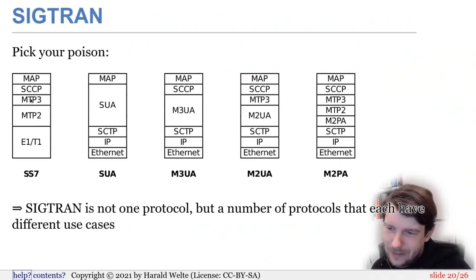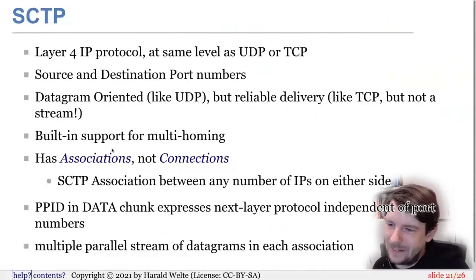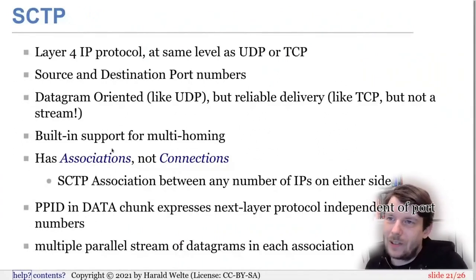It doesn't have SCCP. Where there is no SCCP, there is no SCCP user, so you cannot use SUA to translate those protocols. So they all have their explanation. It's not just that they couldn't agree on a spec, so they specified five different ones. It all makes sense.